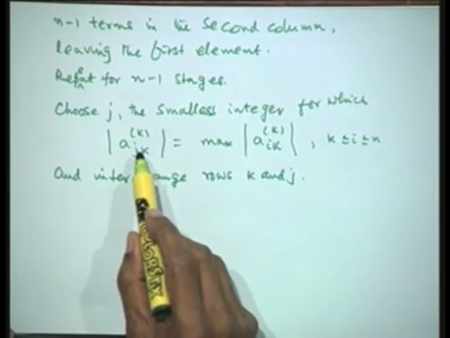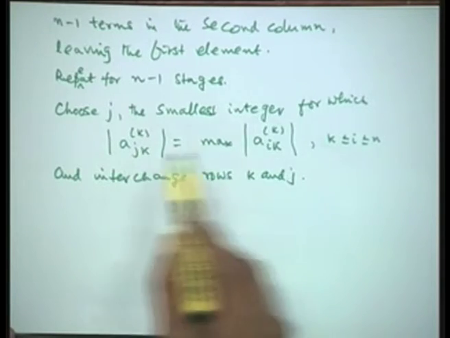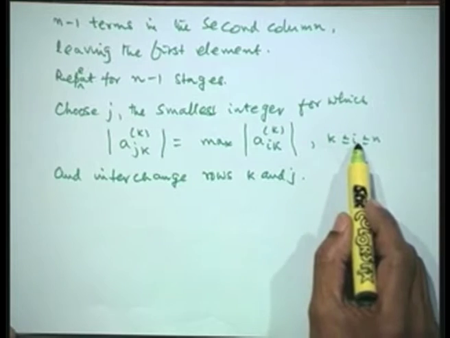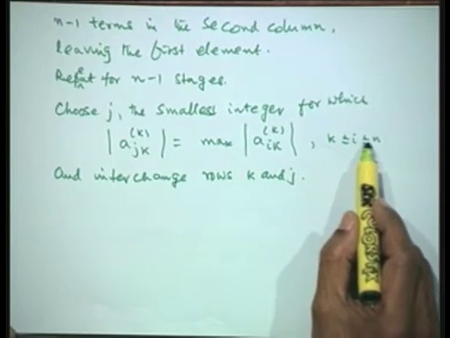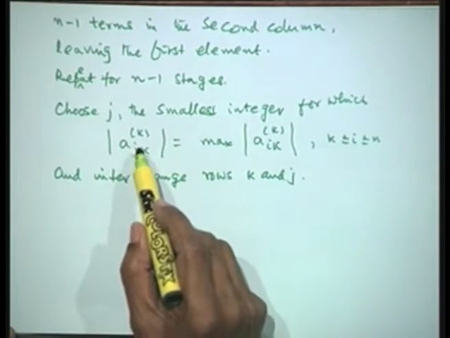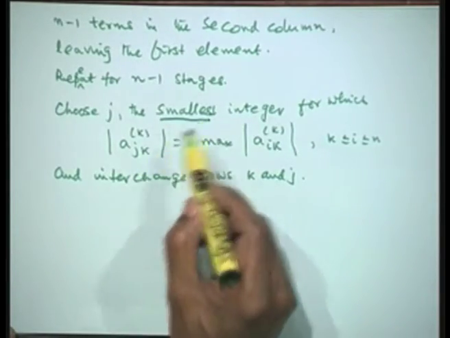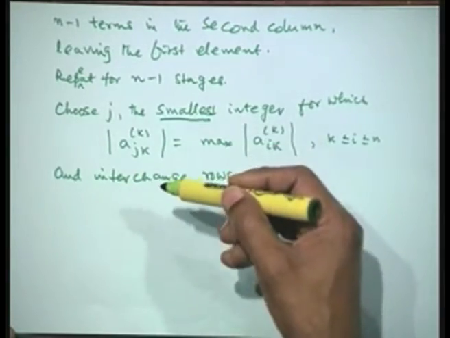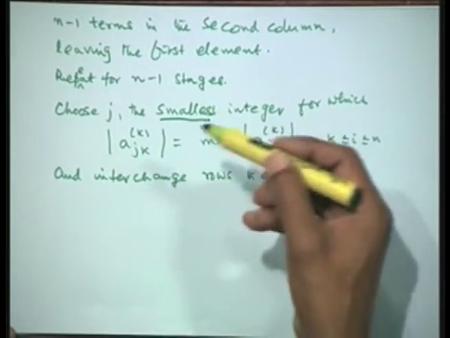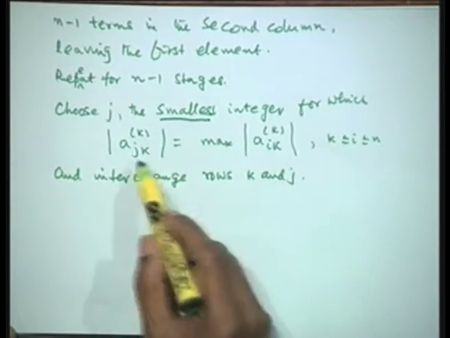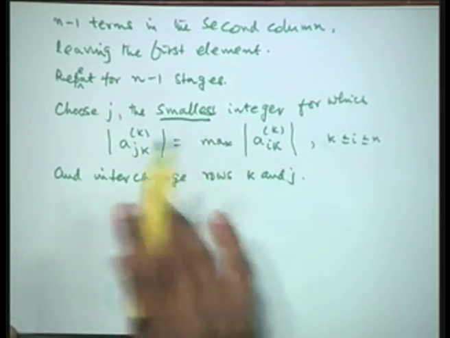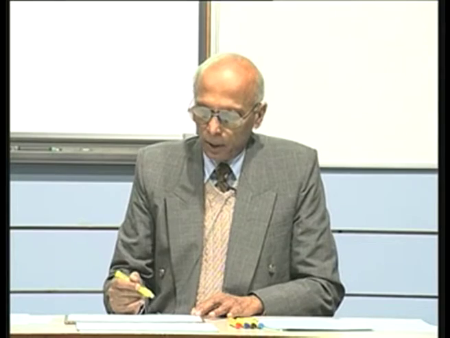We are now at the position kk. This searches all the elements between k and n. So we go below the pivot and find the element, taking the smallest integer, that is the nearest one, as discussed earlier. If a number of elements are equal, we take the one which is nearest. So we take the smallest integer for which this relation holds and then interchange rows k and j. This is how we can program it when finding the largest element in magnitude.